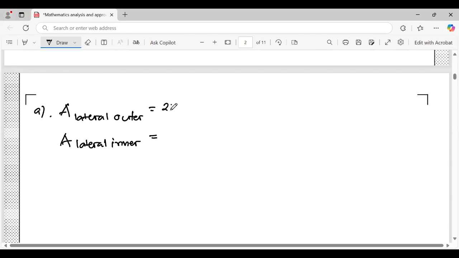For lateral outer, 2 pi multiply the radius. The outer radius is r plus 3r, 4r, times h. It is 2 pi multiply 4r, because r plus 3r. Multiply by h, it is 8 pi r h.